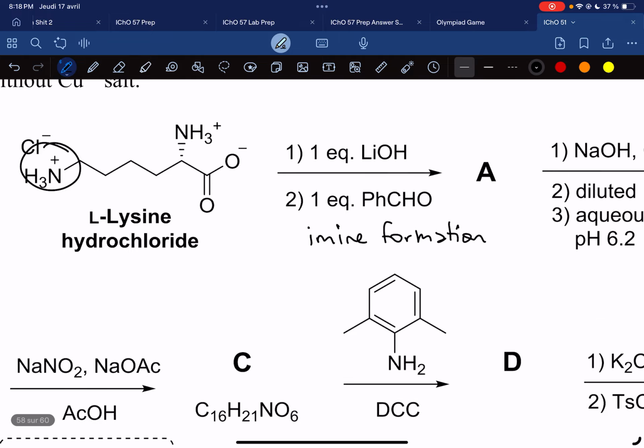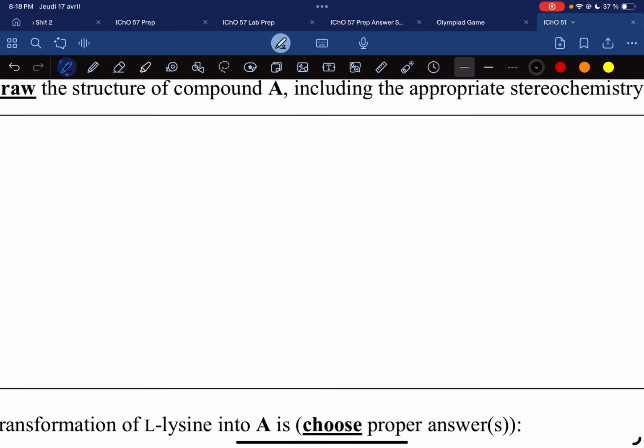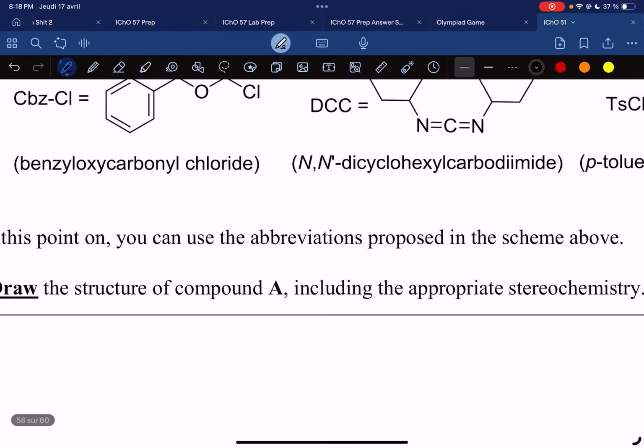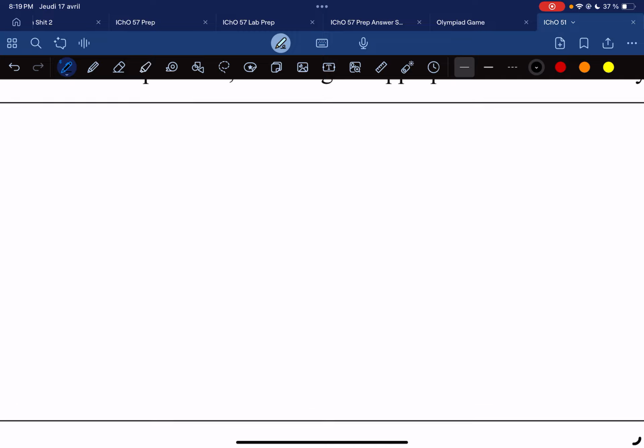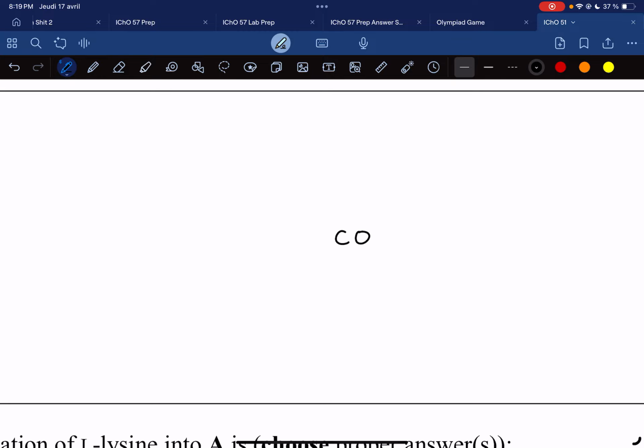So what's going to happen here is that, how many carbons are there? 6, right? Yeah, 6. So I'm just going to draw COOH, 1, 2, 3. Oh, wait.